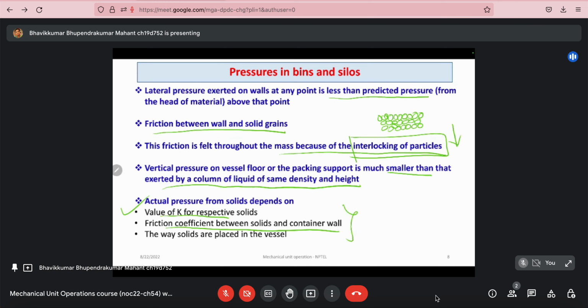These three things we need to understand whenever we talk about the pressure exerted in bins and silos for storing our materials. This is all we require when designing this kind of bins and silos. So we need to understand the properties, the pressure exertion, and the ways to store the material.